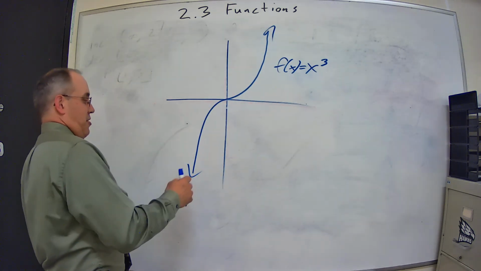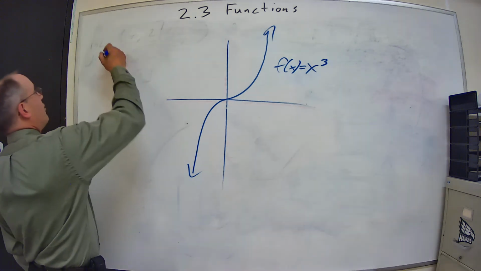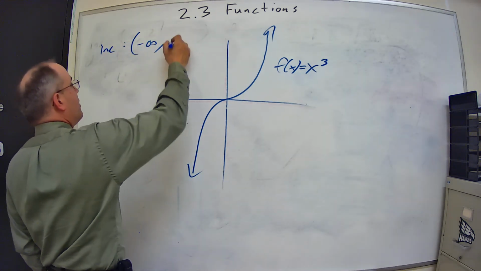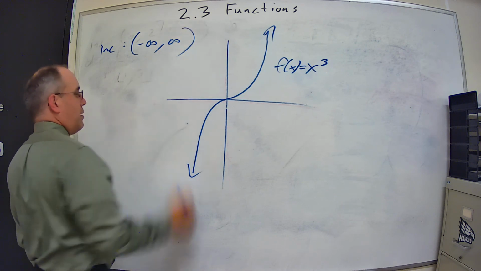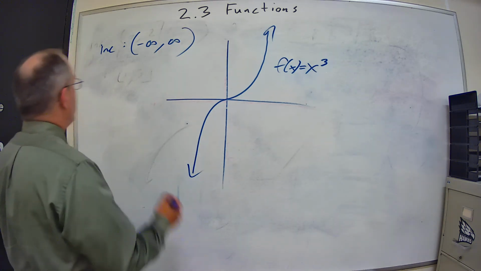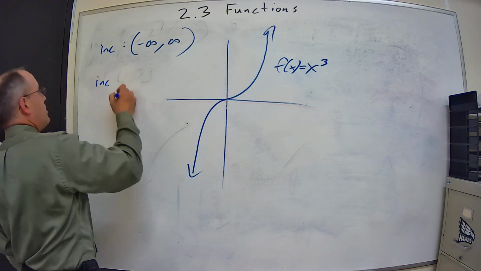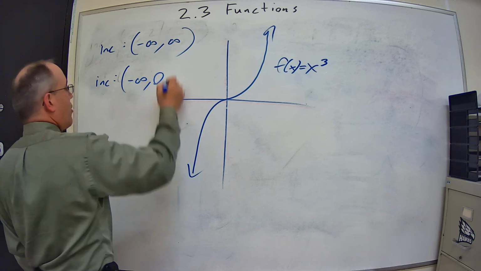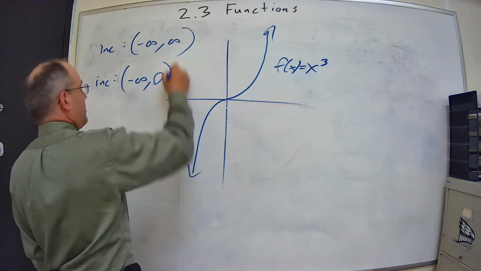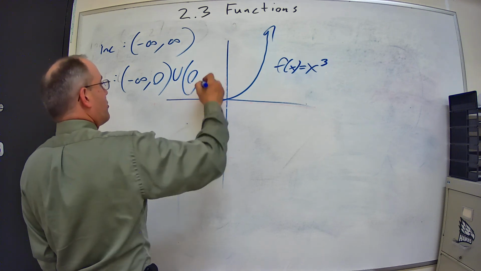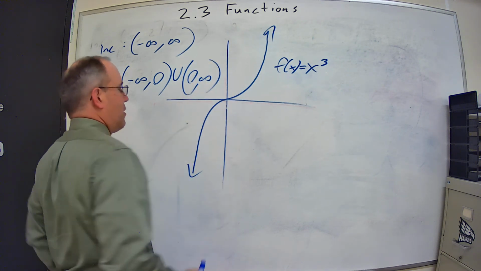Also, you would write this as increasing from negative infinity to positive infinity. The second mistake that I see people make with this is they'll say it's increasing from negative infinity to 0 and from 0 to positive infinity.